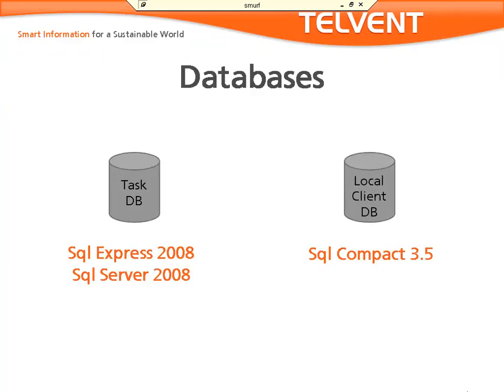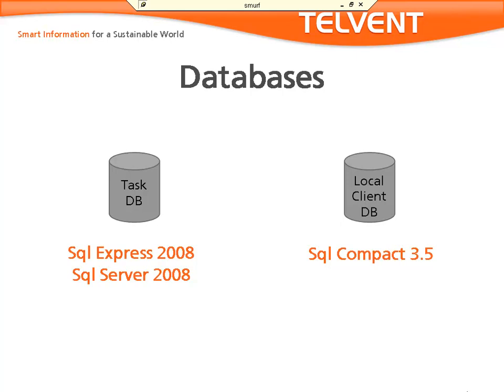So the two databases that we have involved are the task database, that's the piece on the server side that is with those mobile services, and this has to be a SQL 2008 database to take advantage of change tracking so that we are only sending the minimal amount of information between the server and the field. And then there's a SQL Compact 3.5 database on the client.